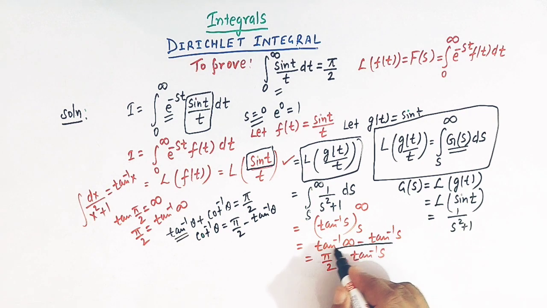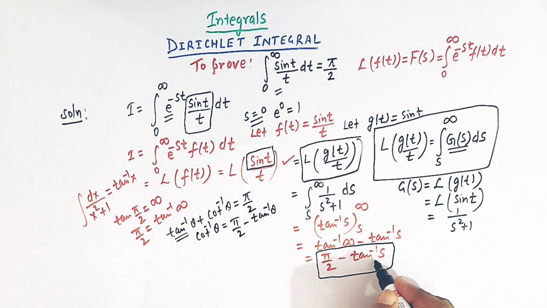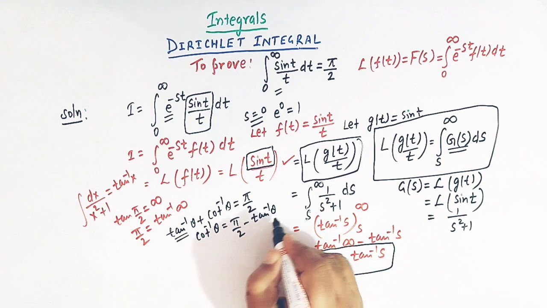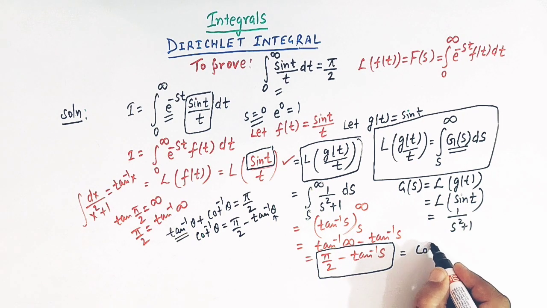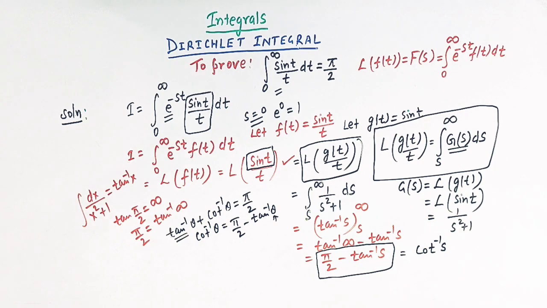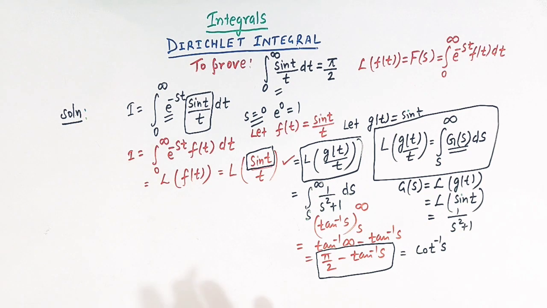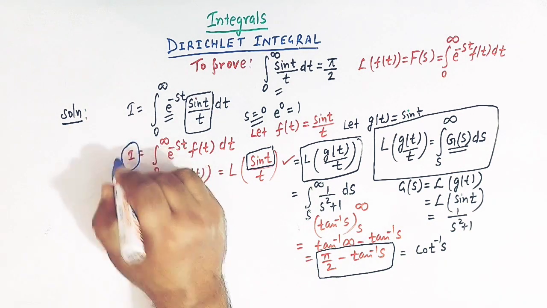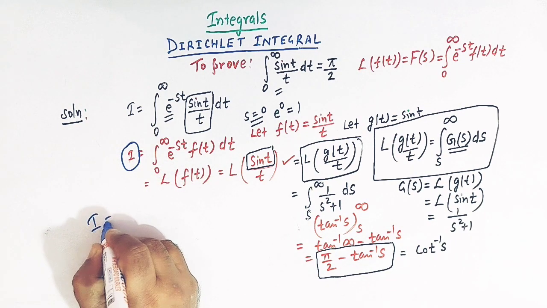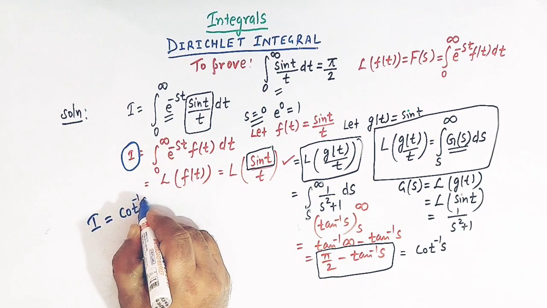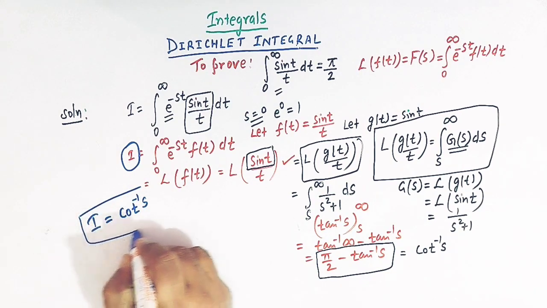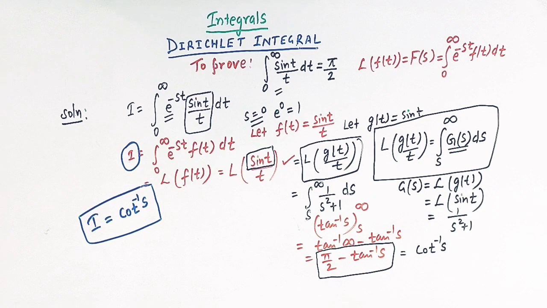So here we have pi by 2 minus tan inverse of s. If we replace theta by s, this quantity is now equal to cot inverse s. So viewers, the value of this integral is now equal to cot inverse of s. So this is a very nice result, right?